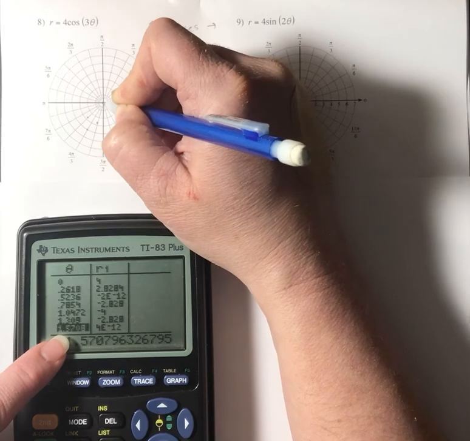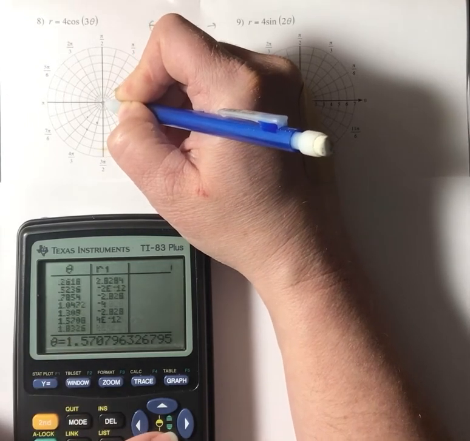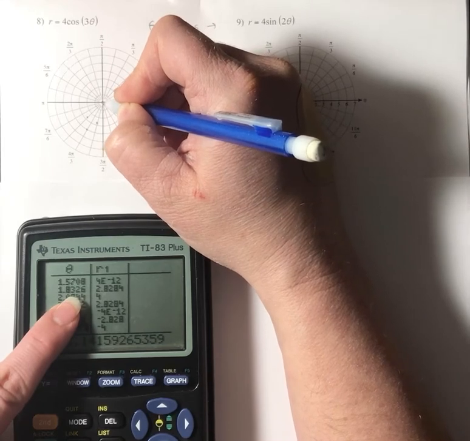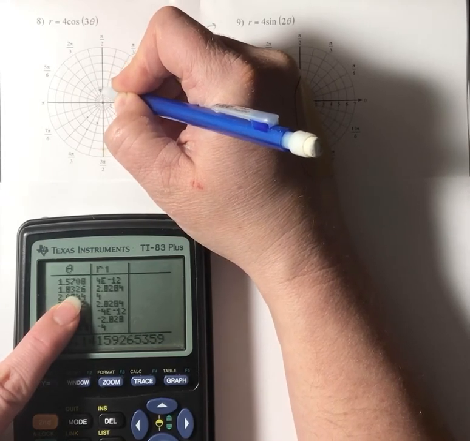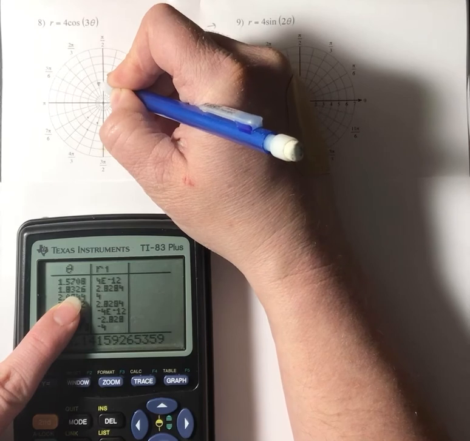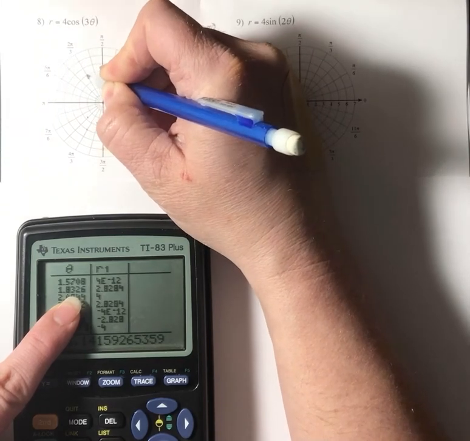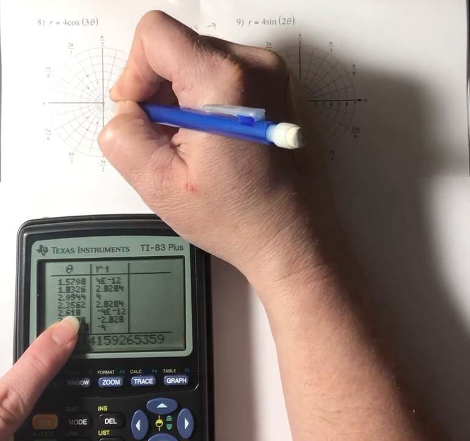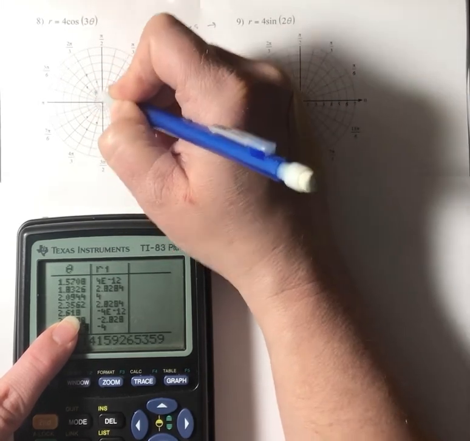And then at pi halves, back to 0 again. Here again, we're at 2.8, 4, 2.8, 0. I've got every petal.